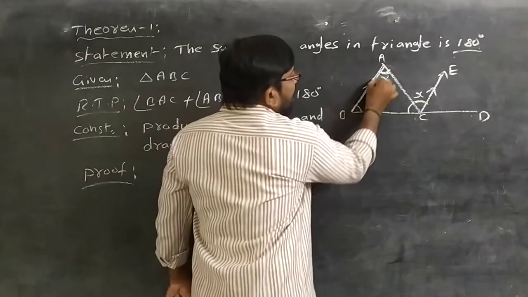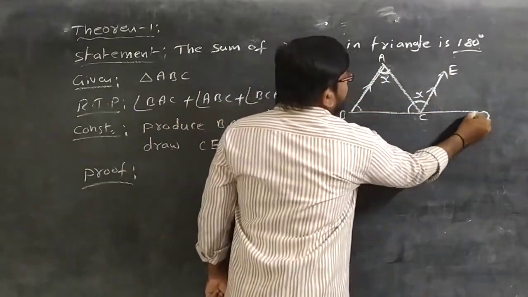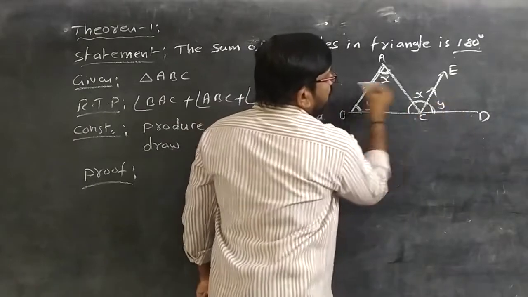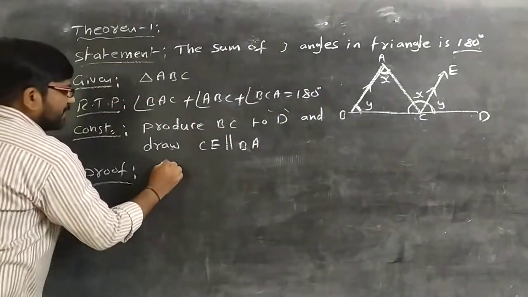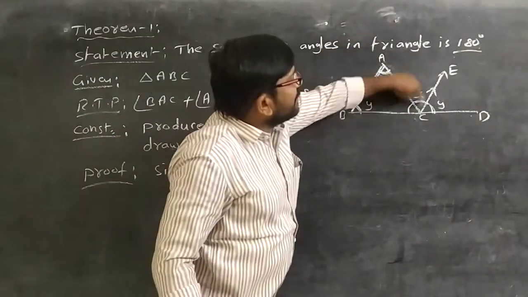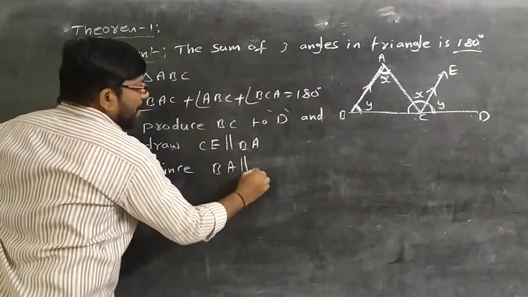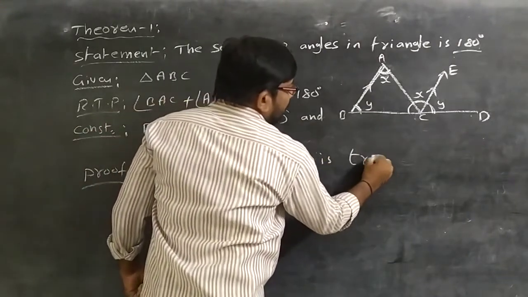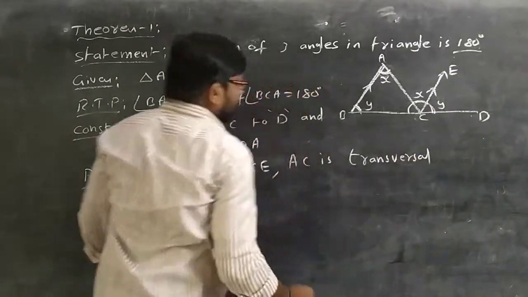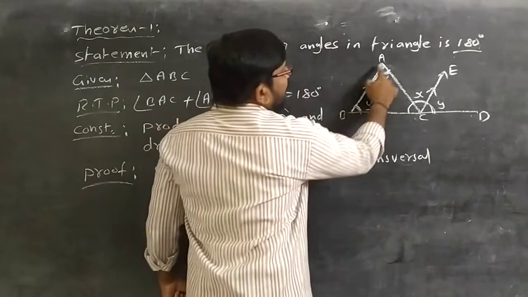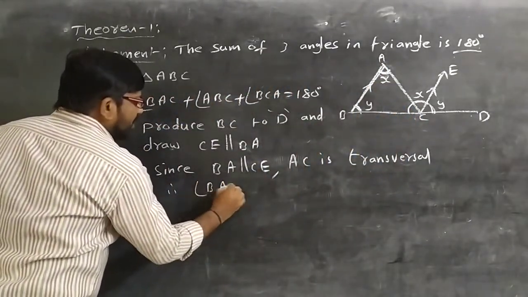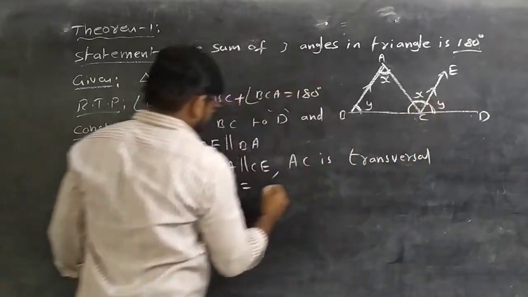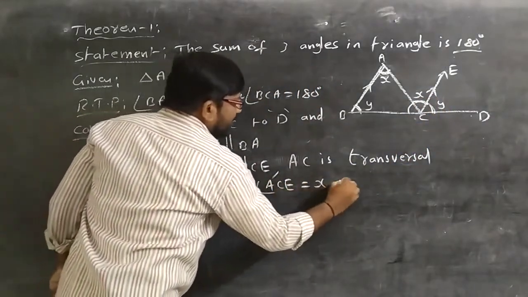Since BA is parallel to CE, which has transversal AC, angle BAC is equal to angle ACE, that is equal to X, say equation 1, right?